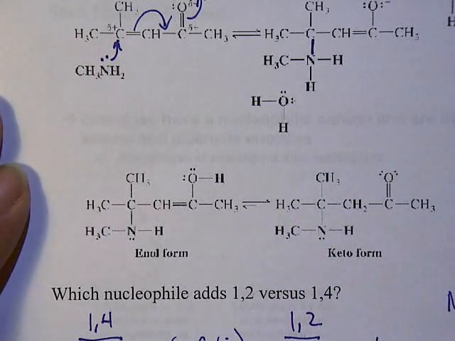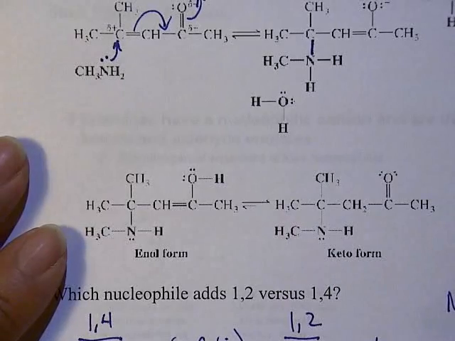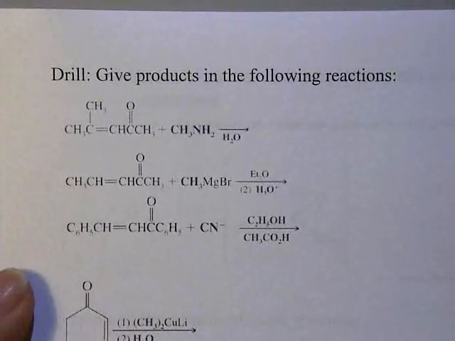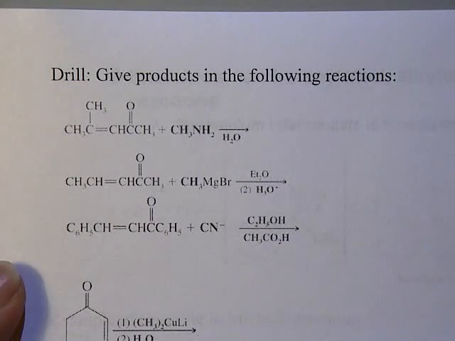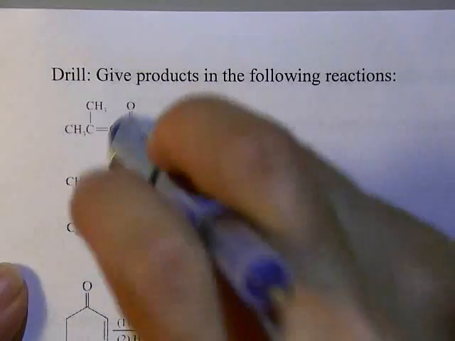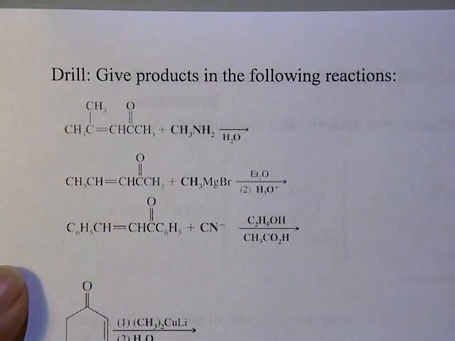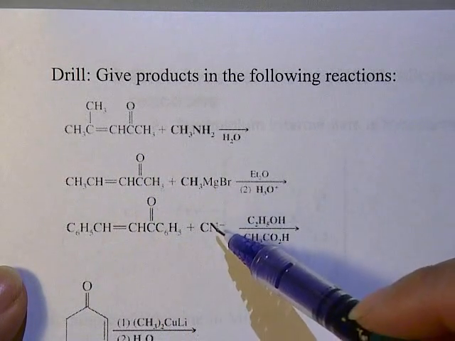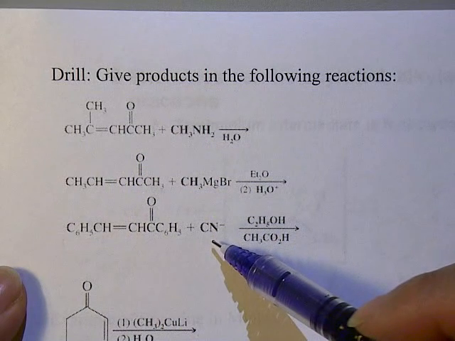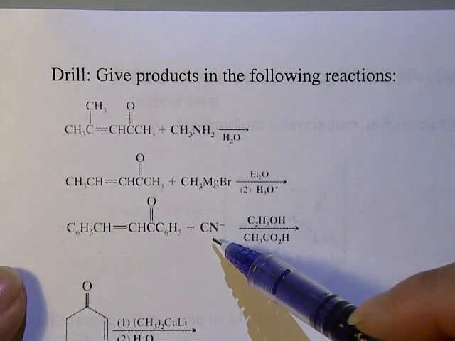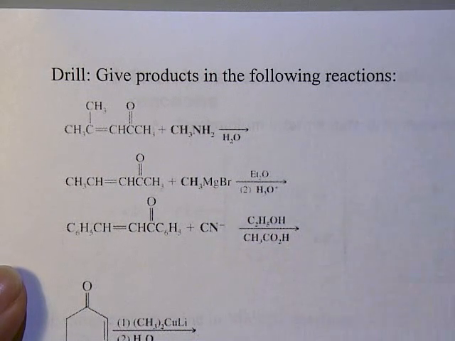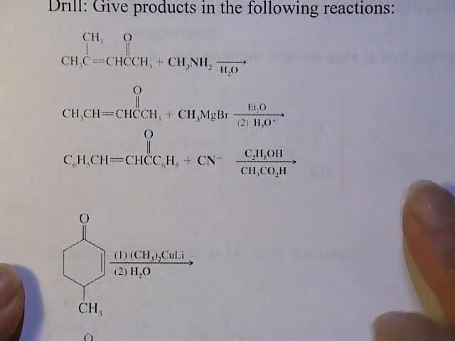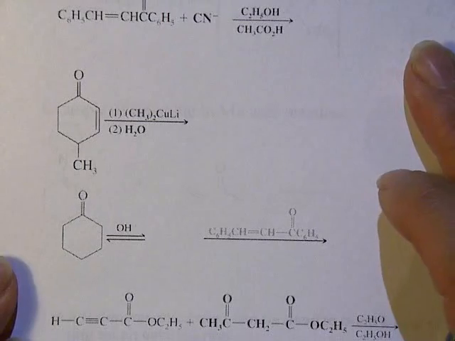Okay, so I would expect you at this point to do the drill on the next page, where all of your substrates are alpha beta unsaturated, and you need to look at the nucleophiles and ask yourself, is it a 1,2 or a 1,4 type of nucleophile, and then give me the products on the right hand side, what the product will be.